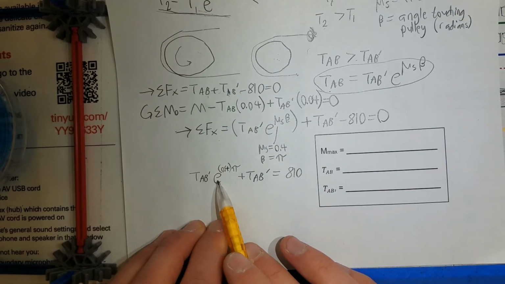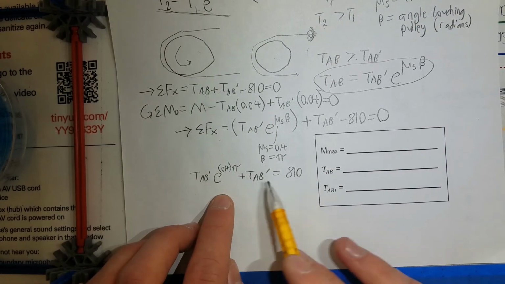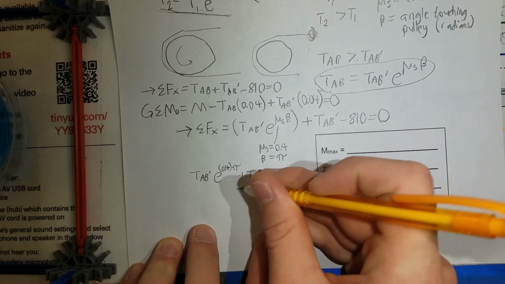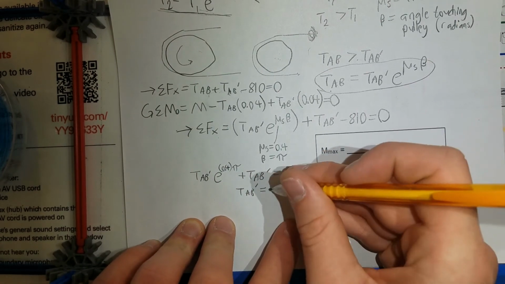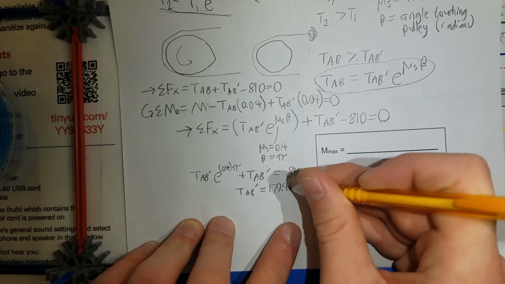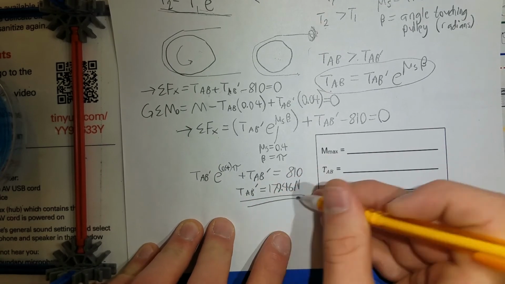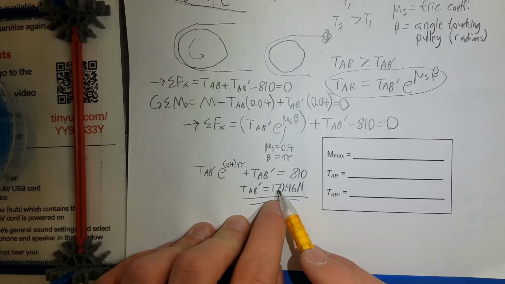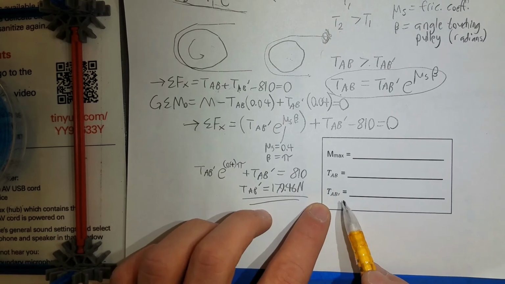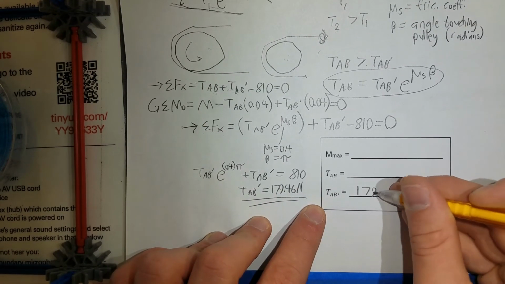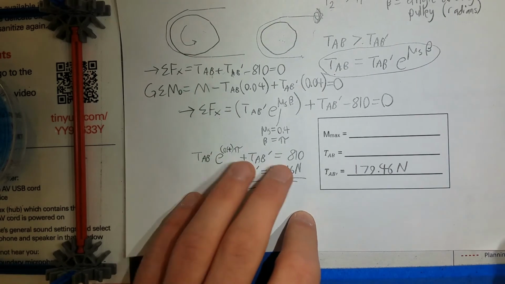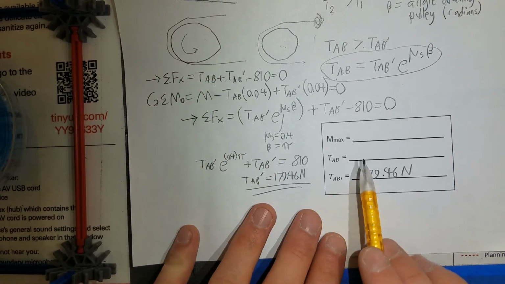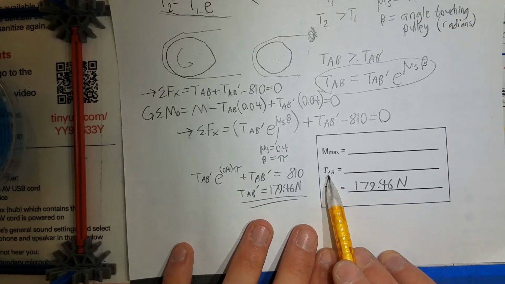And then you can go ahead and just solve for this like you would in another algebraic problem, and you'd end up getting that TAB prime is equal to 179.46 newtons. And that's one of your answers that you're trying to solve for here. So for TAB prime, you get 179.46 newtons.